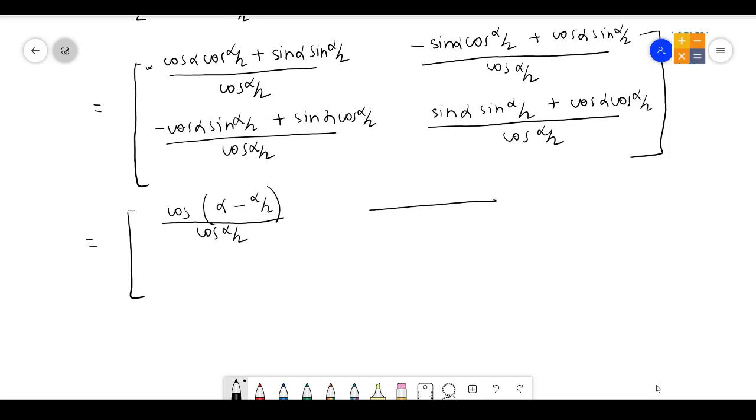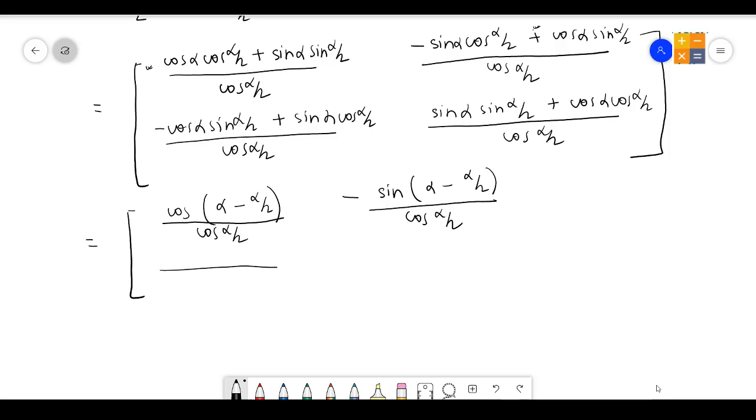Similarly in this part also we can write, if I take common minus within the bracket, what will be left? This term will turn negative within the bracketed part. So within the bracket, if I take common minus, sin alpha cos alpha by 2, that means sin A cos B minus cos A sin B. So we can put the result as sin A minus B. In the denominator part, cos alpha by 2.